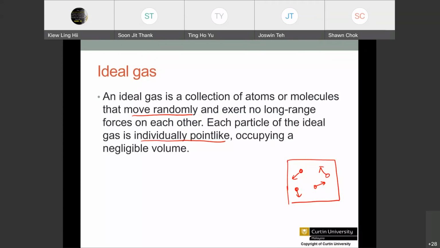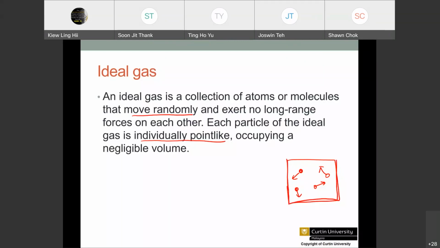When they are independent, it is somehow easier to do calculations. Physicists like to do things like this: we want to make complicated things easier for us to calculate. So we assume for an ideal gas there is no relationship or force between atom and atom, and they occupy a negligible volume, meaning that the atom is so small that its volume is negligible compared to the whole space occupied by this ideal gas.